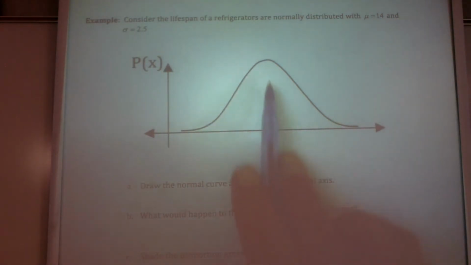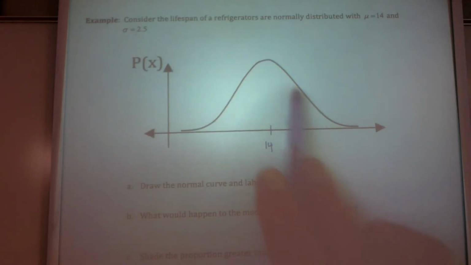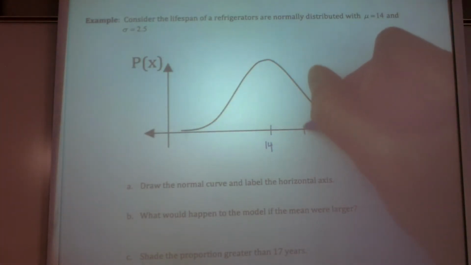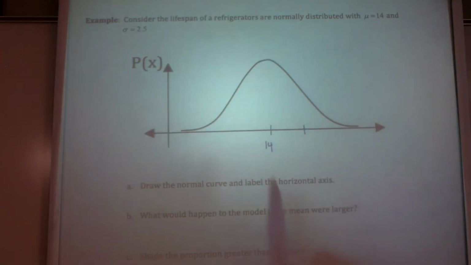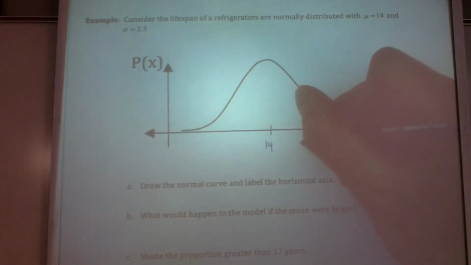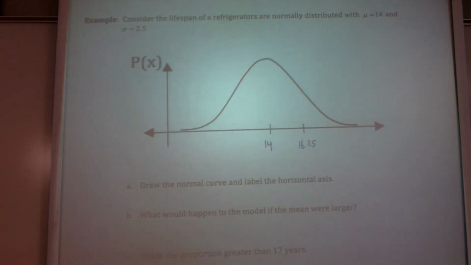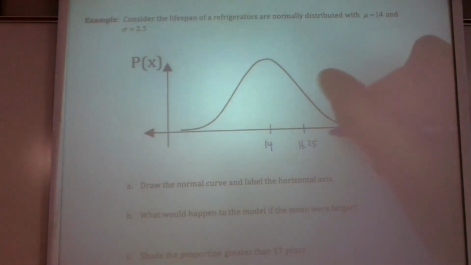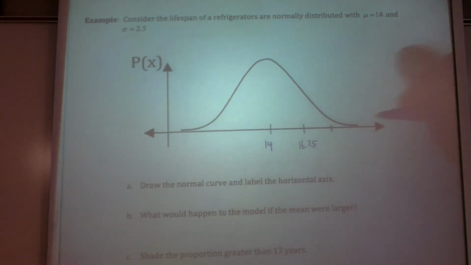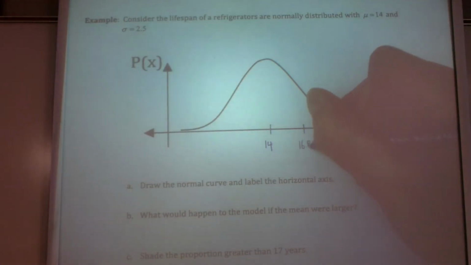So I'm going to look for where does this kind of change, where's the inflection point? Where does it change from going down to going out? And I'd say it's probably about right there. You don't have to be exact, but that would be one standard deviation above. So now this would be 16.5. And I'm going to keep going out. So I'm going to measure that same distance and say, let's try to do the same thing right here. Just ignore the extra number I wrote.